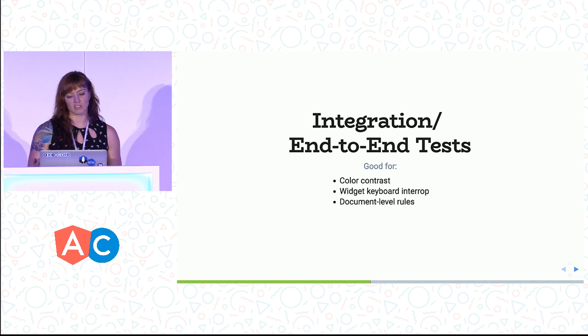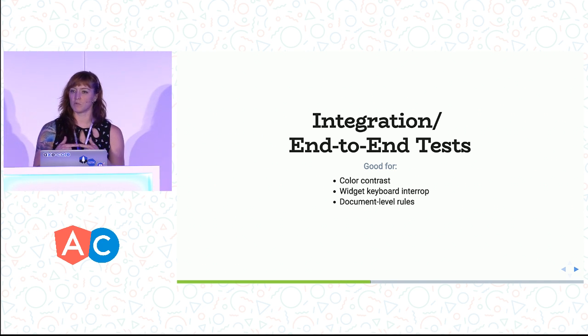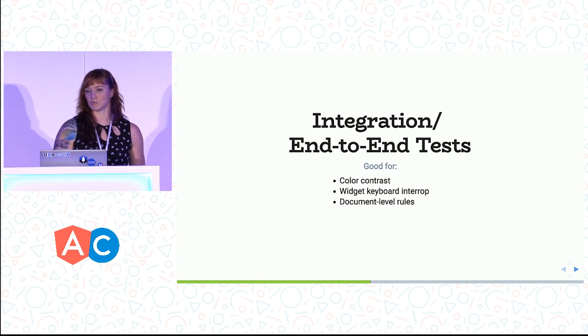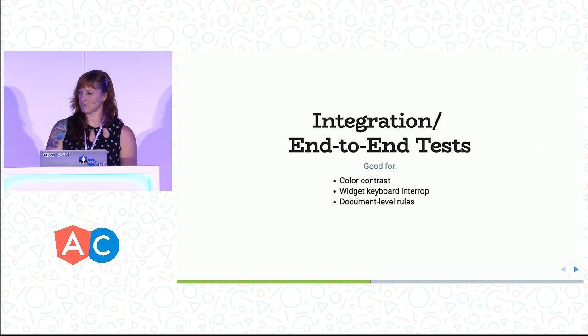You could write integration tests that check that widgets work together with the keyboard, so that maybe you interact with one widget and you need your focus to be sent somewhere else. You could write an integration test to make sure that things are working well together. And then things like document level rules, like checking if you have a lang attribute or an accurate title. Those things aren't really right for unit tests, so you might write integration tests for those instead.